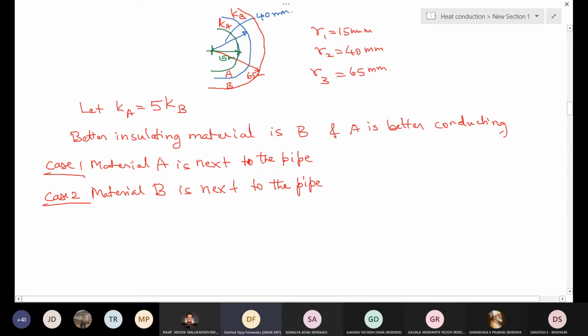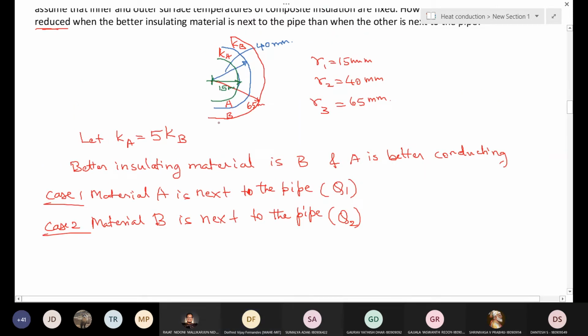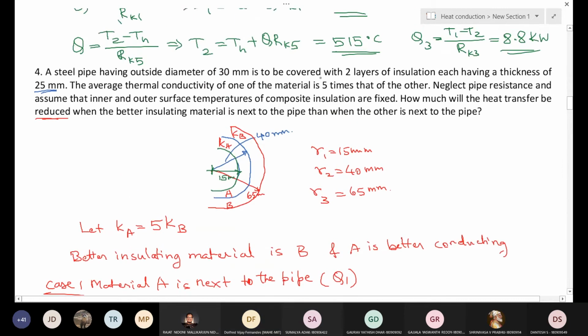So let's say rate of heat transfer through the insulation is Q1 for case 1 and Q2 for case 2. Can you calculate Q1 and Q2? Come on. What is not given? We don't have the temperature difference, or we don't have the temperature values.